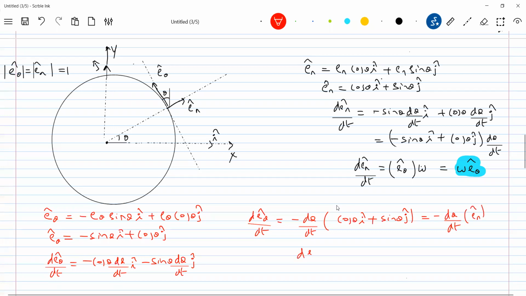So therefore dE theta by dt equals minus omega En, no? These are very basic equations which we need at any cost when we are discussing any numericals. Got this? So these are the things I'll round off.